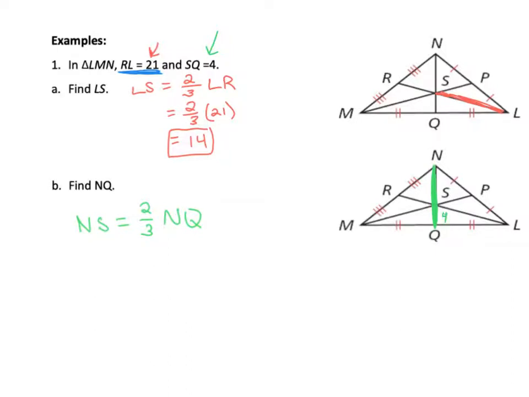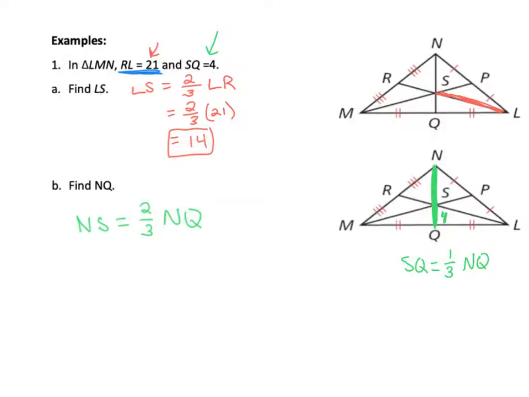So we're given that length right there is 4. Well, if NS is 2/3 of the full NQ, then SQ has to be that remaining 1/3. So SQ is equal to 1/3 of that full NQ. Because we know NS is 2/3, SQ needs to be 1/3, so it adds up to 3/3.